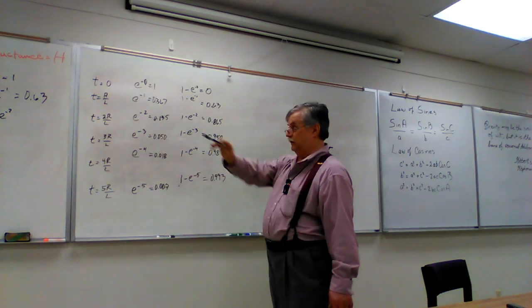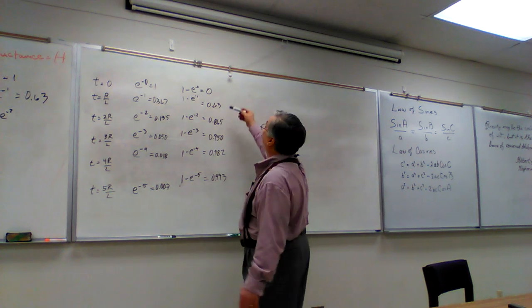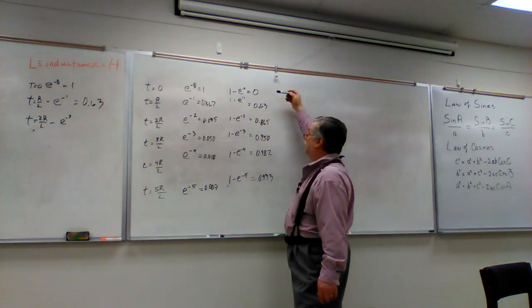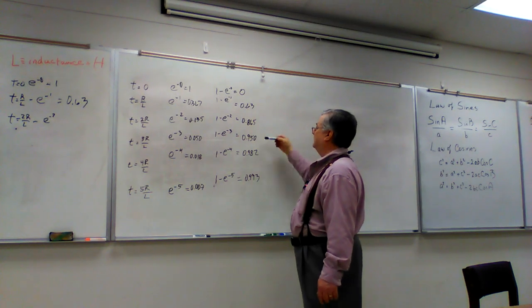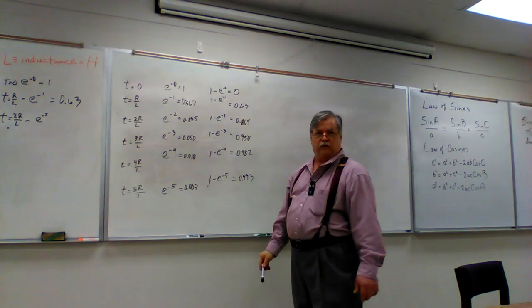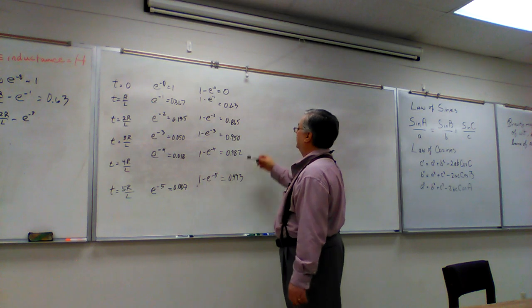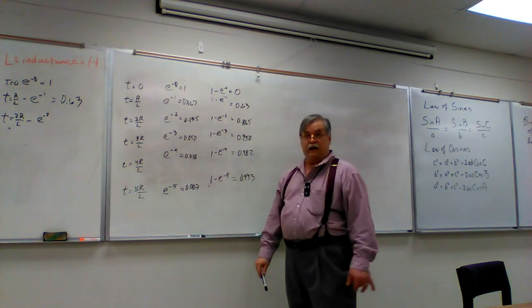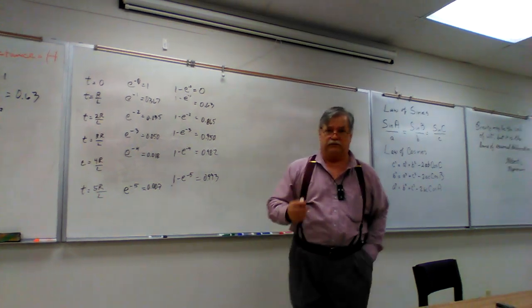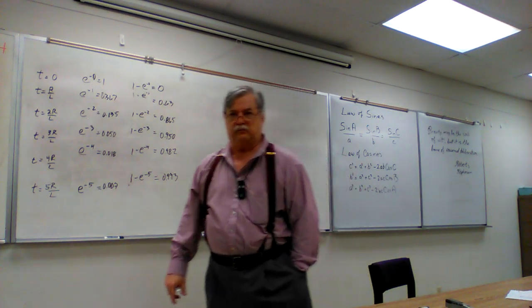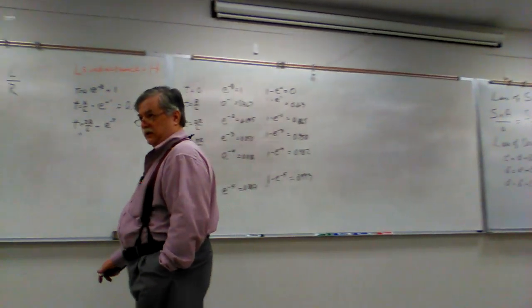That means the current in that inductor is increasing from 0 to 63%, 86.5%, 95% full current after 3 time constants. 4 time constants is up to 98.2. 5 time constants, it's at 99.3%. How many time constants will it take to get to 100%?